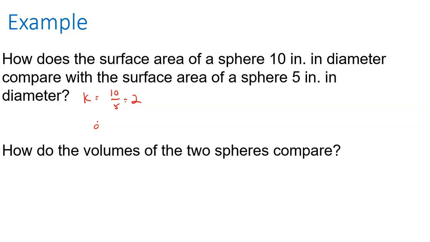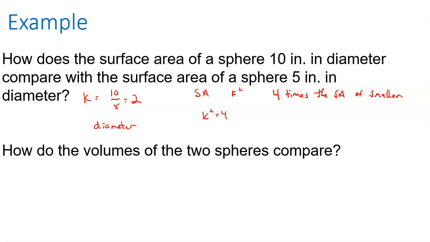So that is for the diameter. If I want surface area, then I'm going to look at k squared. So if k is 2, k squared is 4. The bigger sphere has 4 times the surface area of the smaller sphere.